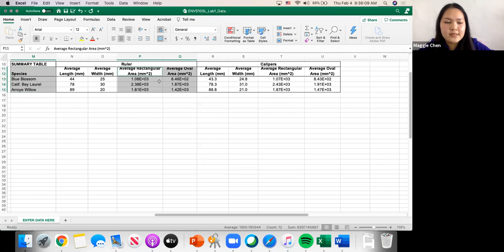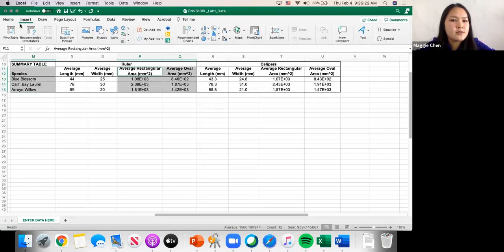So once the data has been selected, I'm going to go up to the Insert tab. It's right next to the Home tab in the top left corner. And when you select into the Insert tab, around the middle of this toolbar, we're going to have different charts, like recommended charts, but we're going to want to select into our column charts.